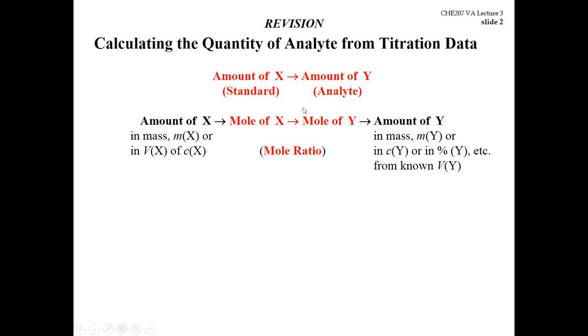From the equation for the reaction, we see the relationship between standard and analyte. This is in terms of mole. Mole ratio we must use here. And finally, we calculate the amount of analyte, either in terms of mass or concentration, molarity, or percentage from the volume of the analyte.